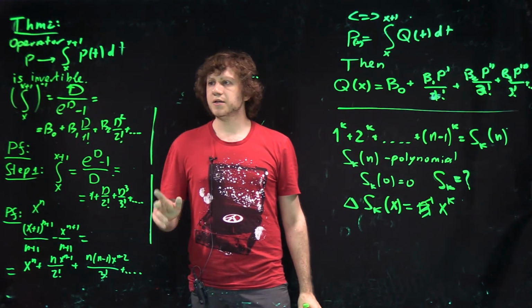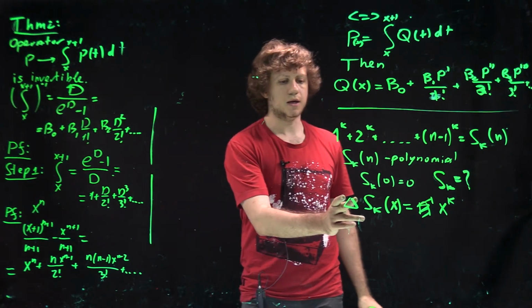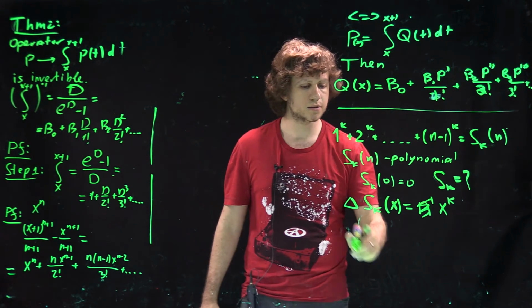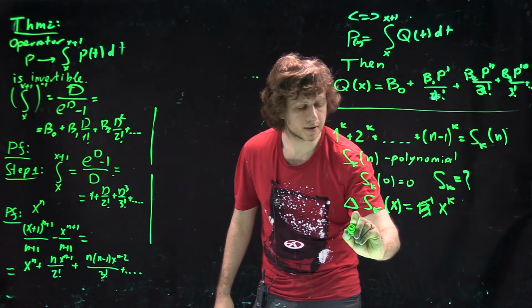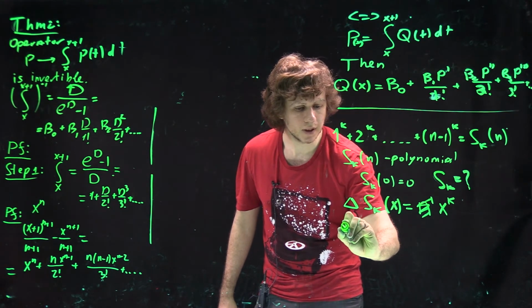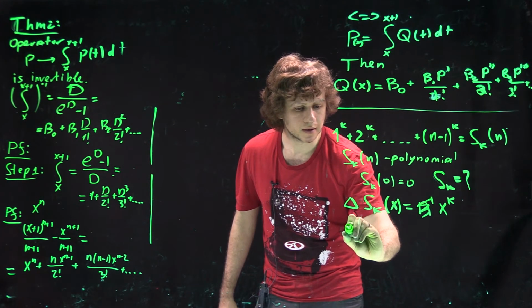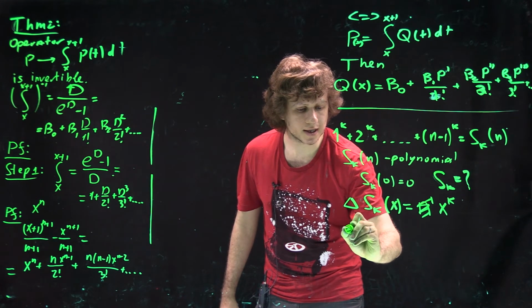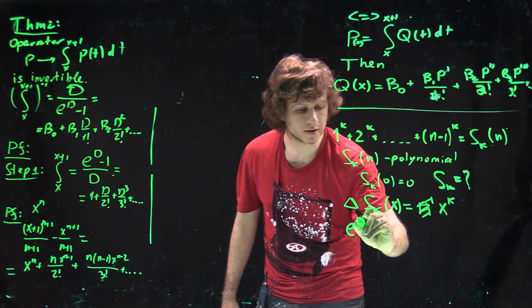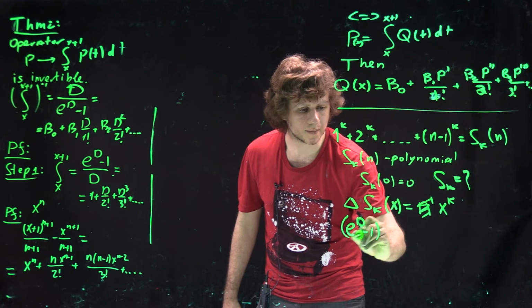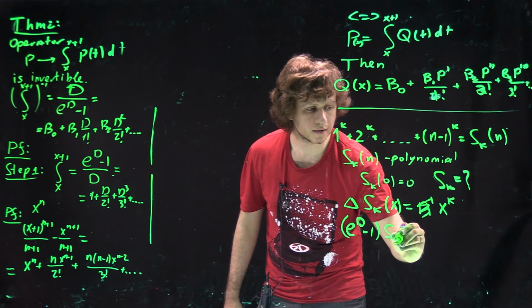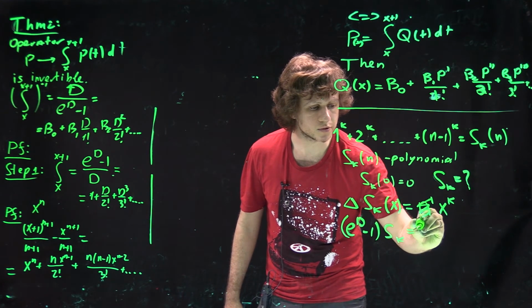This can be rewritten as e to the power D minus 1 applied to S_k is equal to x to the power k.